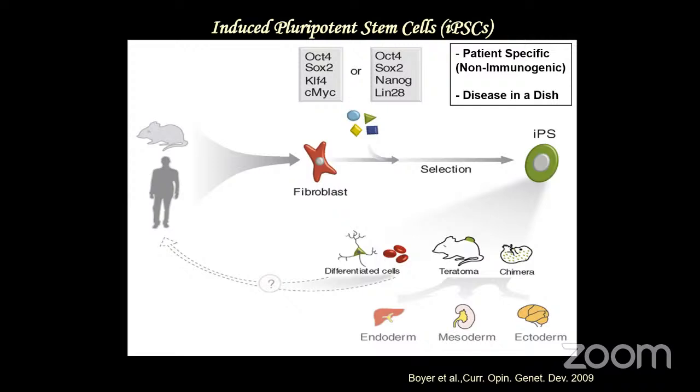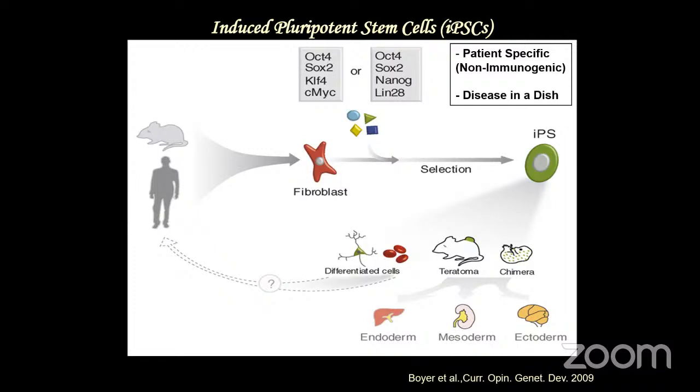Whereas embryonic stem cells have the property of indefinite self-renewal and can be directed to any cells of your interest, so the cell number may not be a problem there. But the problem there is that it is not compatible with the patient. You have to have patient-specific cells.